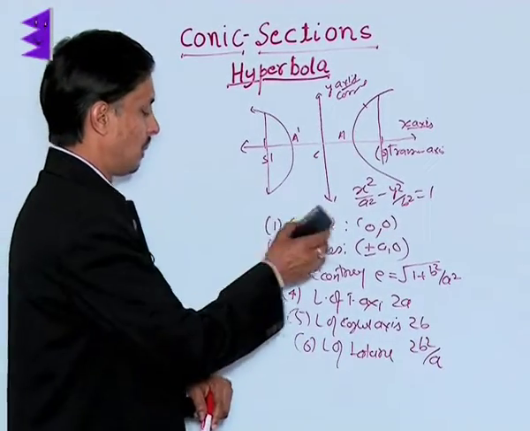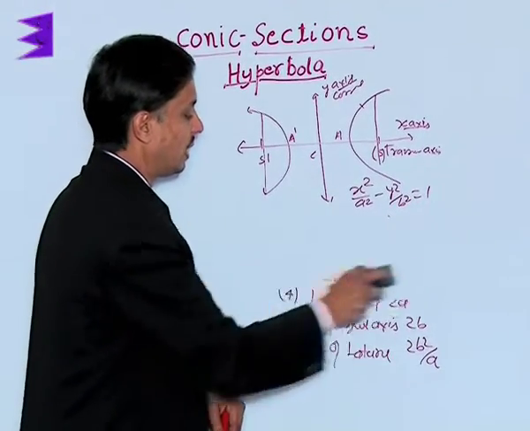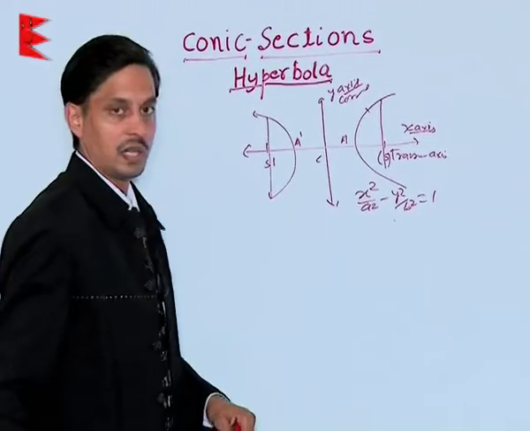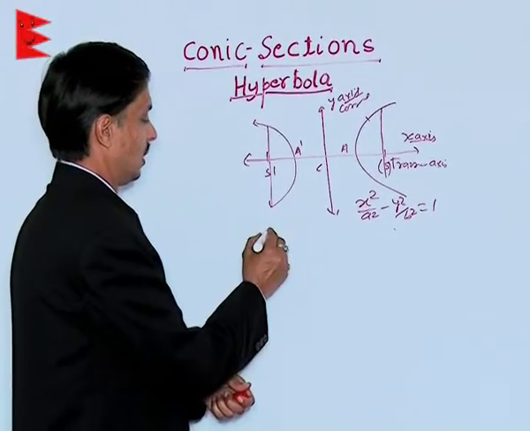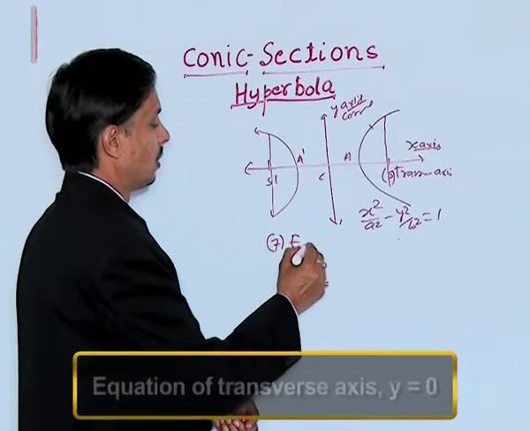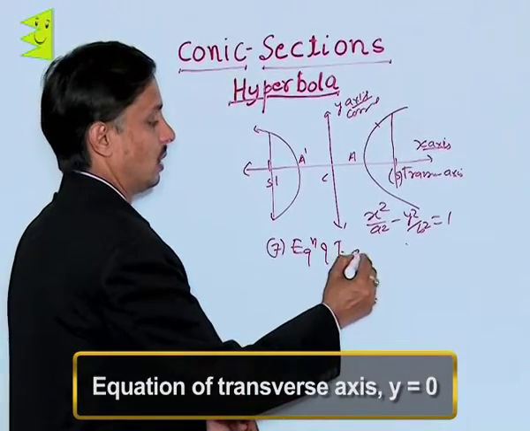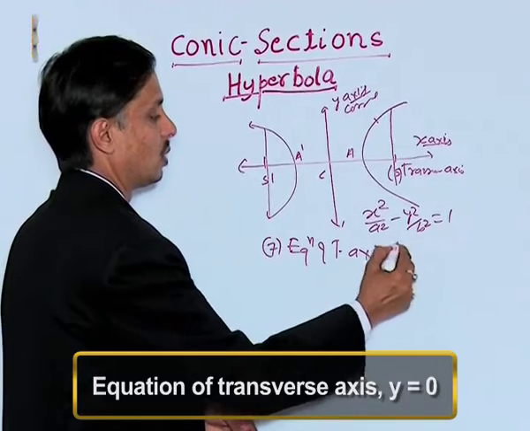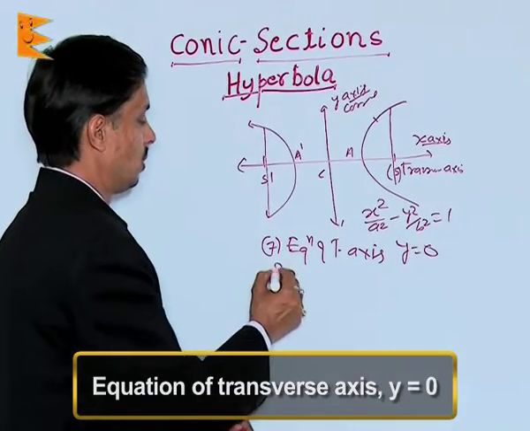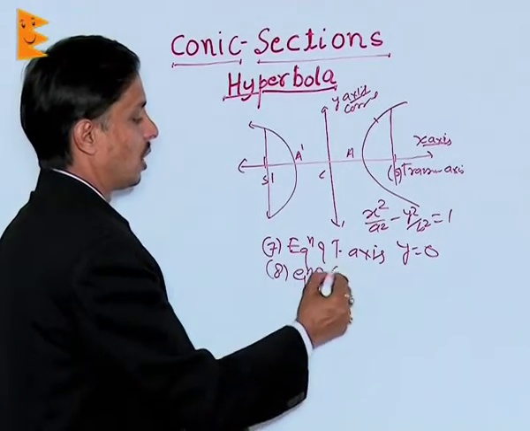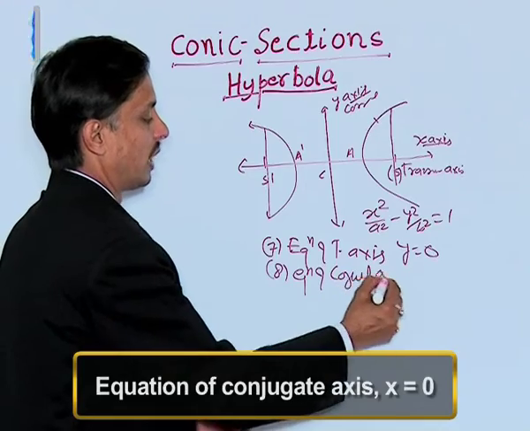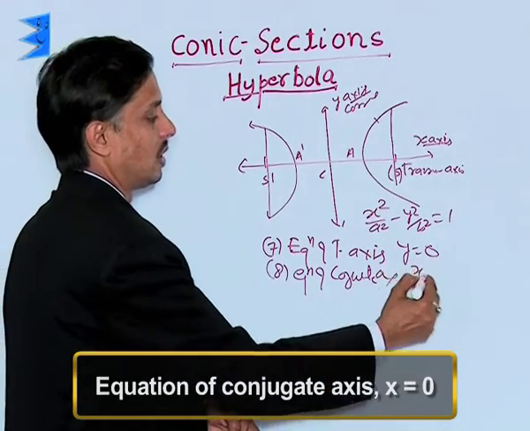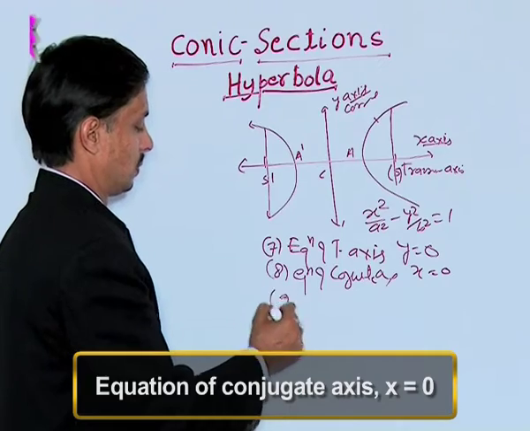For the remaining information, the equation of the transverse axis: as the x-axis is transverse, the equation is y is equal to 0. The equation of the conjugate axis, that is the y-axis, is given by x is equal to 0.